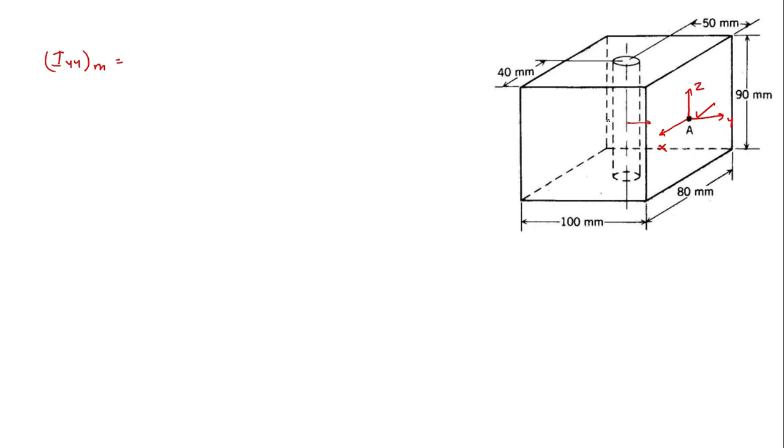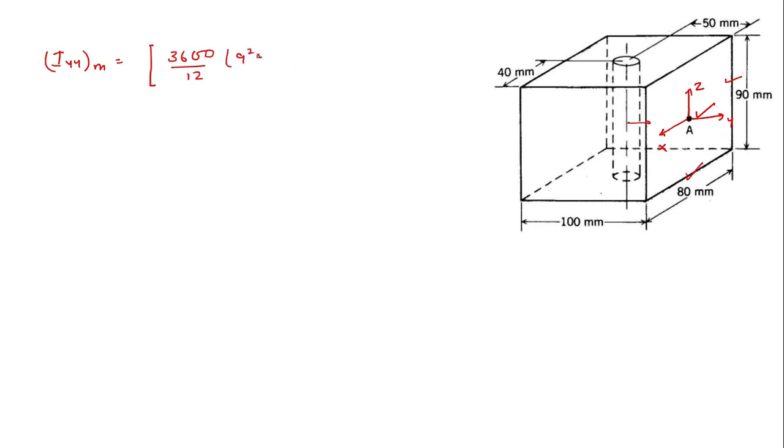So this corresponding value will be equal to the mass divided by 12 into the sum of the squares of the edges that are perpendicular to this axis. That will be equal to 9 square, this as well as this corresponding edge.